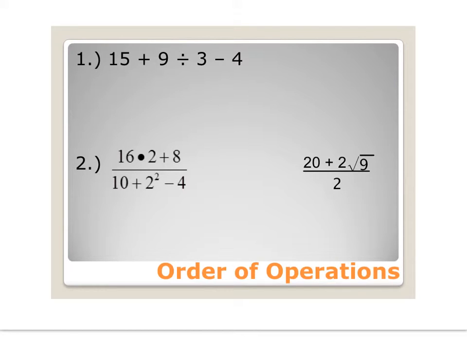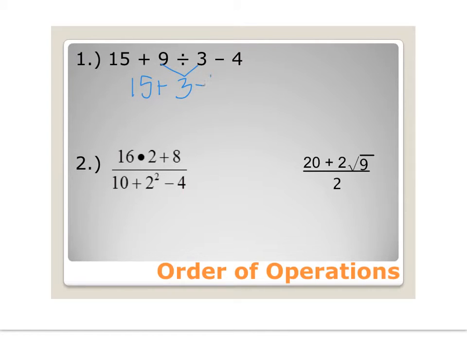All right, now we're going to take a look at quite a few problems where we're using order of operations. So in this first one, we want to ask ourselves, are there parentheses? Nope. Any exponents? Nope. Any multiplication or division? Hope you guys are all saying, oh yeah, there is. I see 9 divided by 3. So you have to do that first. And that is 3.